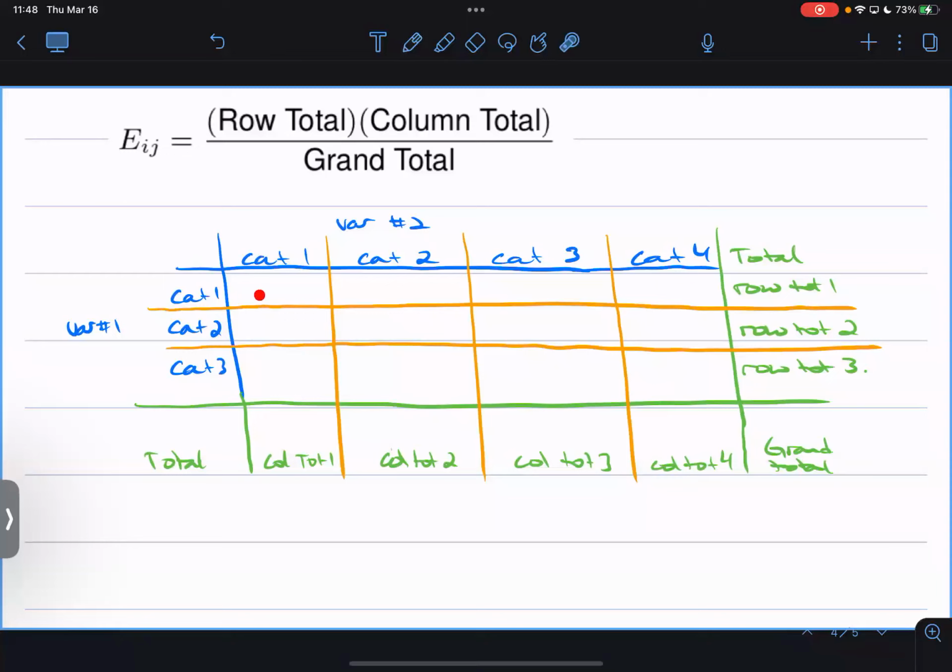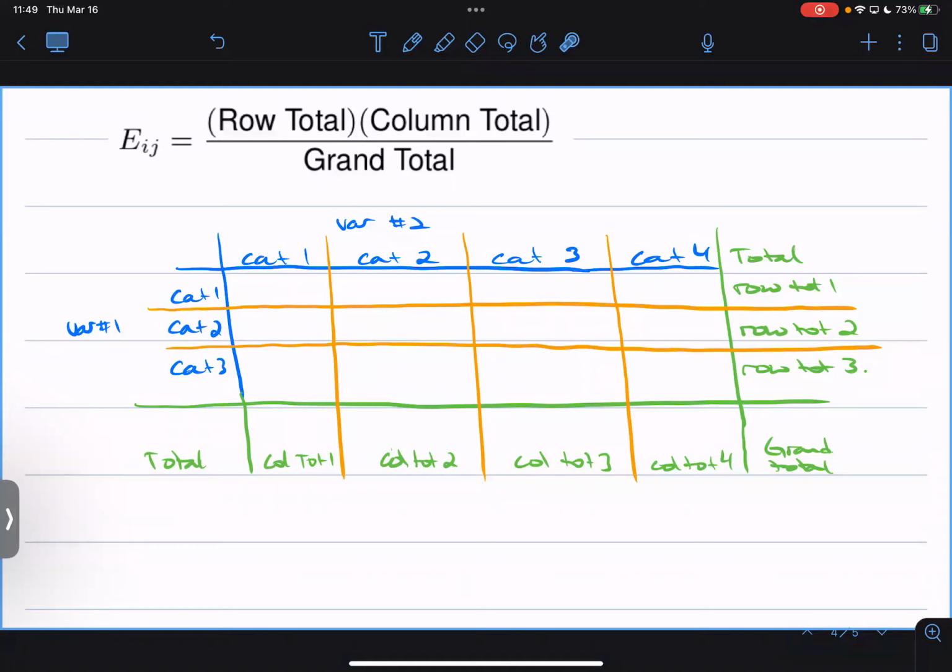The expected count for this cell is going to be the row total 1 times the column total 1 divided by the grand total. So you're always dividing by the grand total, but notice that as you move across row 1, the row total is not changing, but the column total is changing, right? Or could be changing. Sometimes we force the sample sizes to be the same, and that's totally fine.